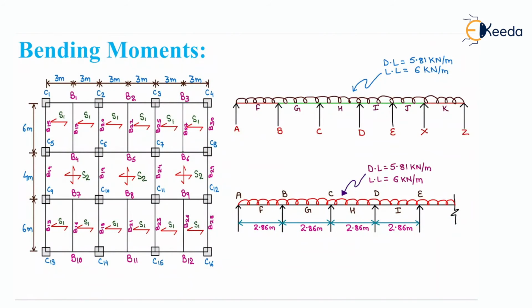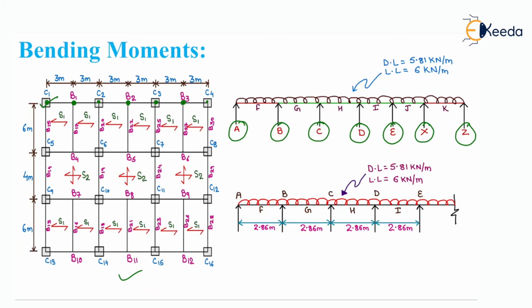Now, we are moving to the next step, calculation of bending moment. From this floor plan, we had taken a continuous slab A, B, C, D, E, X, Z. We had assumed these points as A, B, C, D, E, X, Z here.